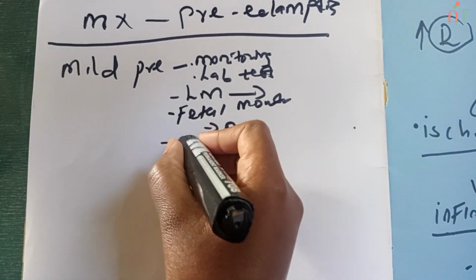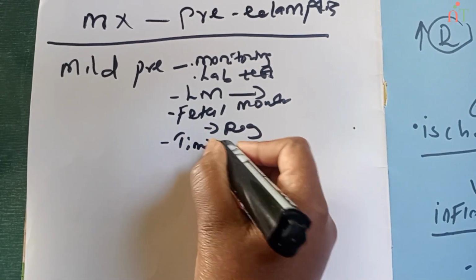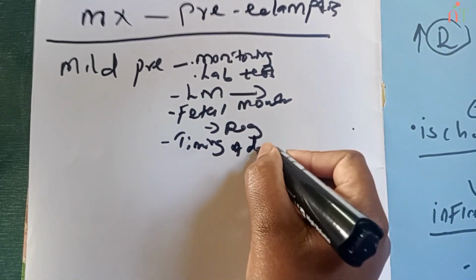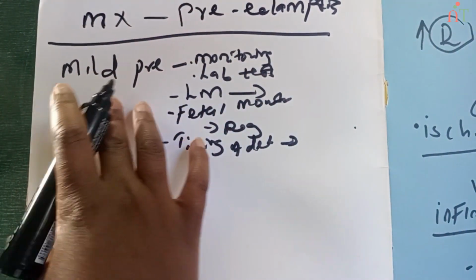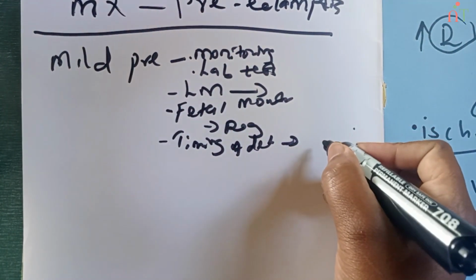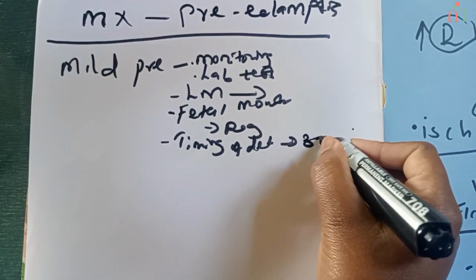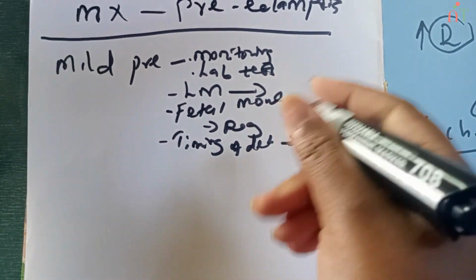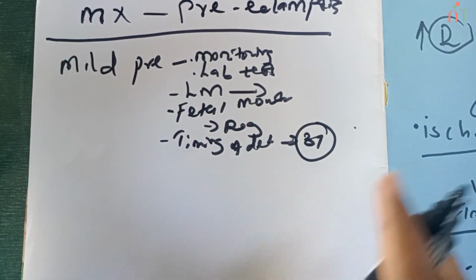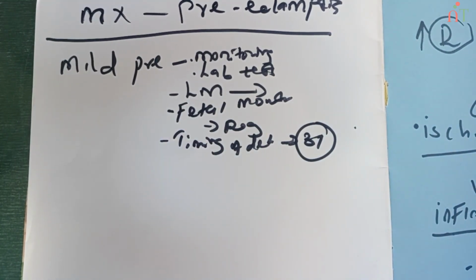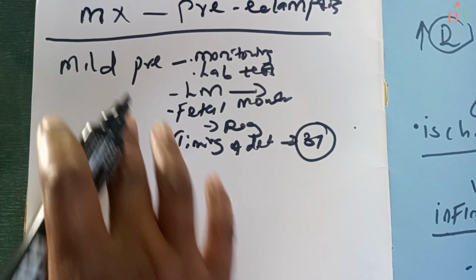And also talk about the timing of delivery. For people with mild preeclampsia, at around 37 weeks, delivery is normally recommended to prevent progression of this disease. So that is mild preeclampsia.